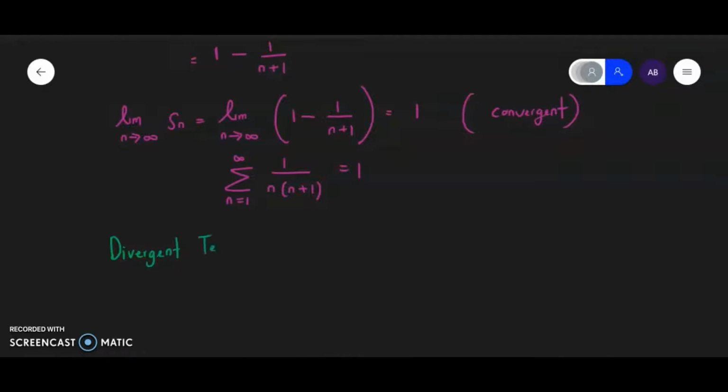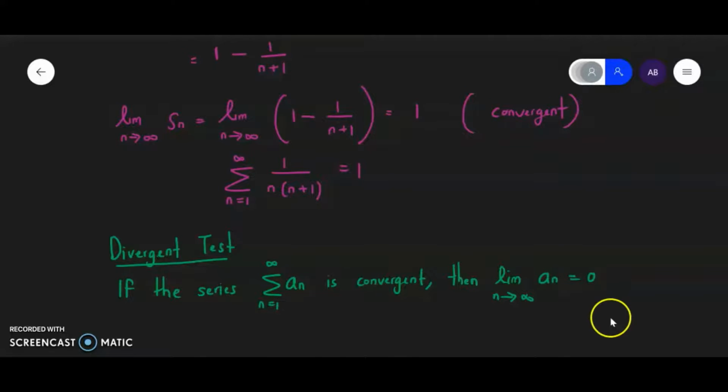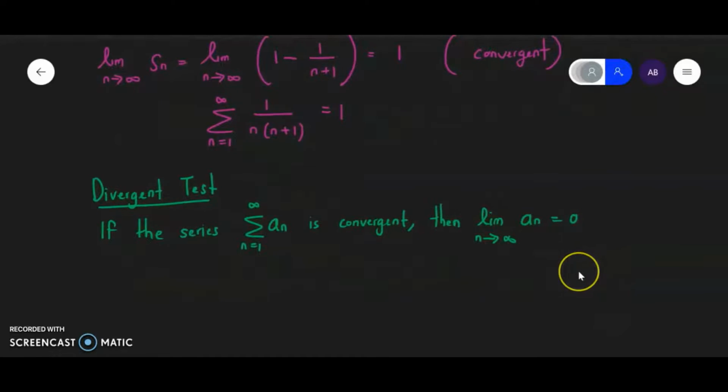The divergent test. What does the divergent test say? If the series summation An is convergent, then the limit as n approaches infinity of An equals 0.